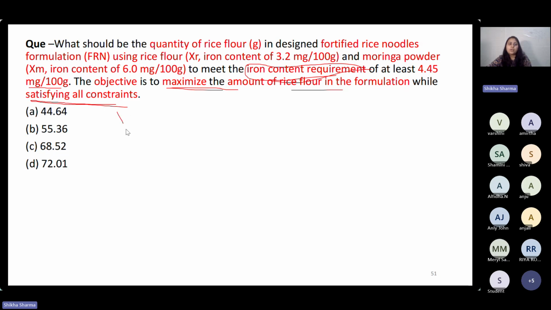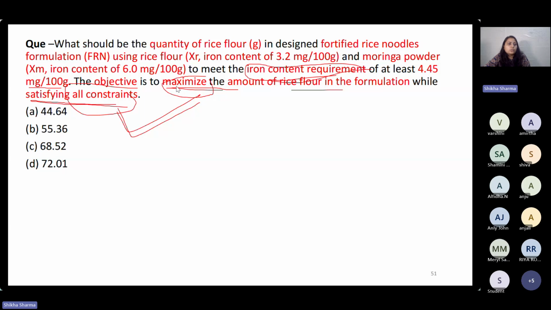So this kind of equation is an example of linear programming, which we discussed before. So usually here we have the constraints, and the goal is to maximize. So the objective is to maximize the amount of the rice flour in the formulation while satisfying the constraints.